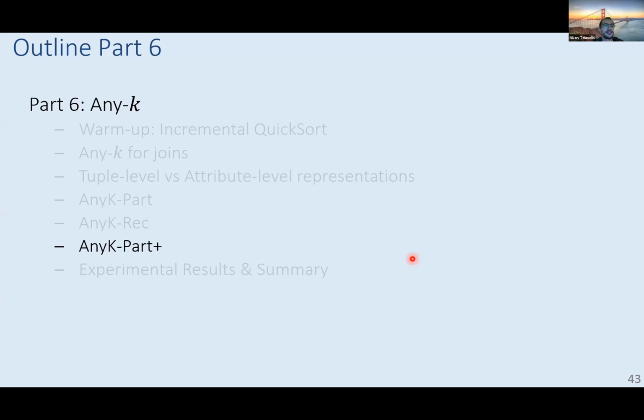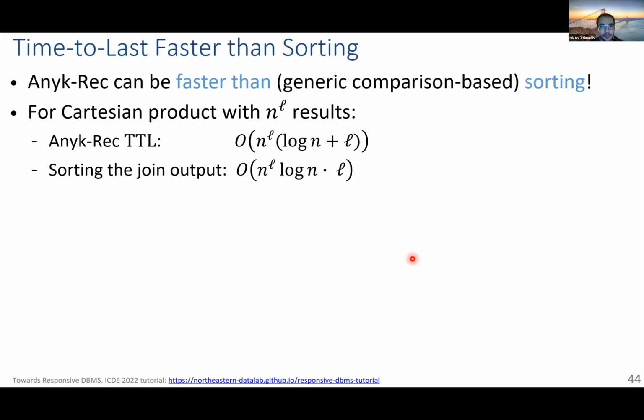And now let's move on to the combination of the two, essentially. Now we will think about how we can combine these two algorithms and come up with this Anyk-Part plus algorithm. As we said, the recursive one can be faster than sorting because it reuses computation.